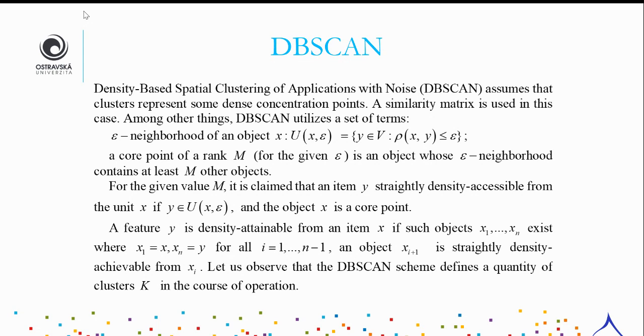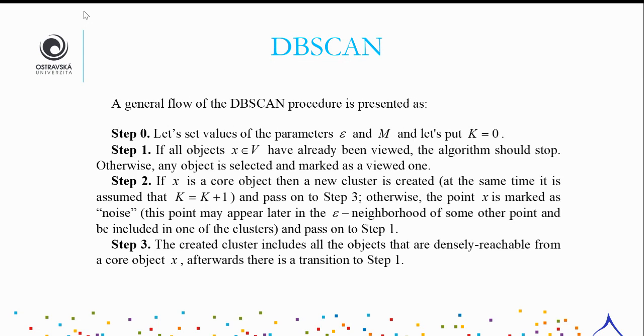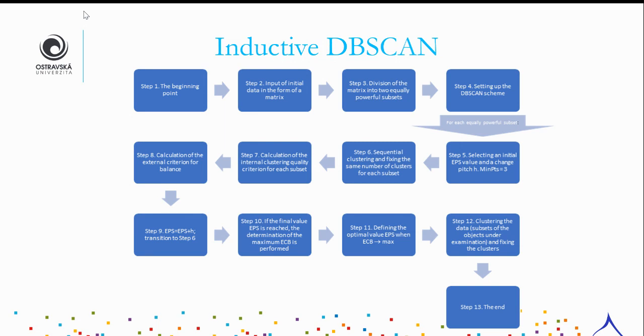Some of these core points is later picked up as the centroid of that cluster, and we keep on working with these neighborhood distances in order to obtain new clusters. So obviously, I will not dwell on the standard DBSCAN scheme.